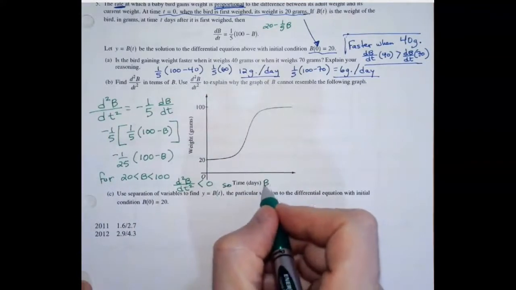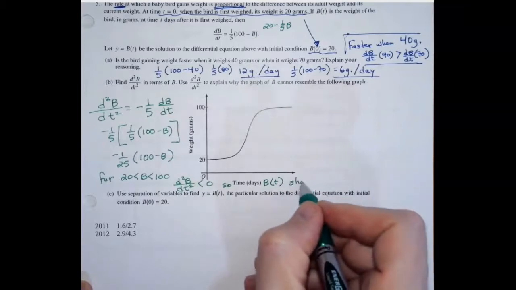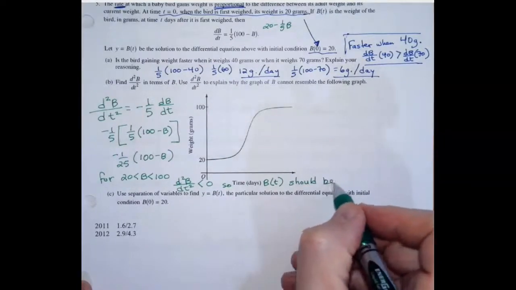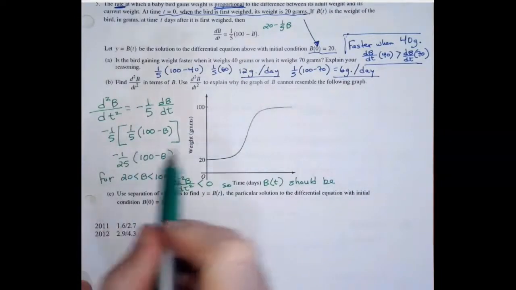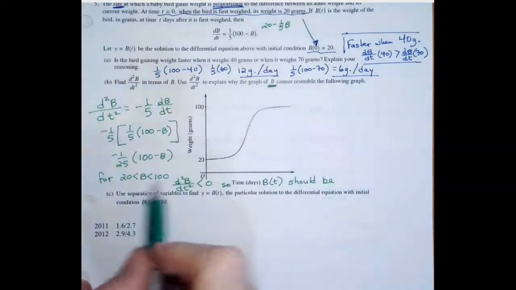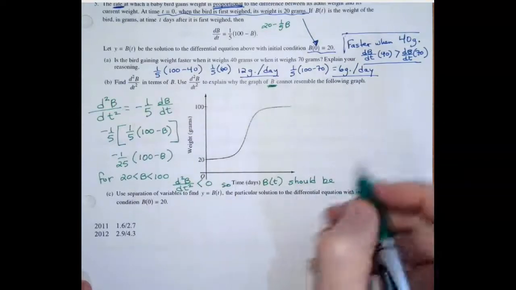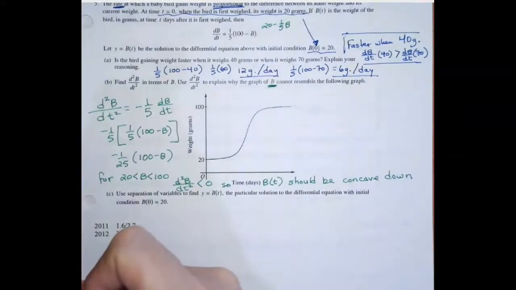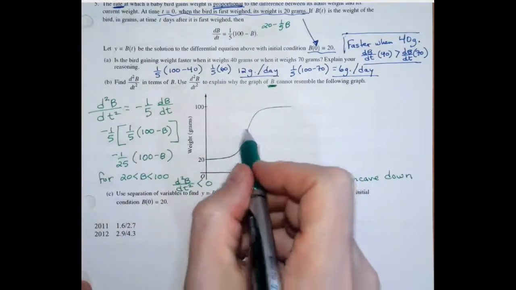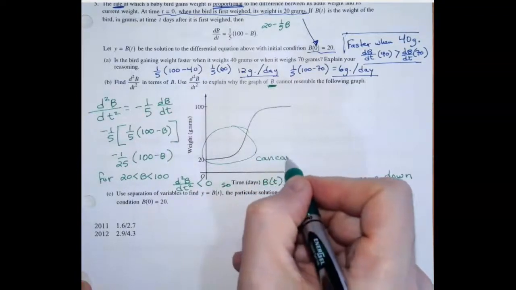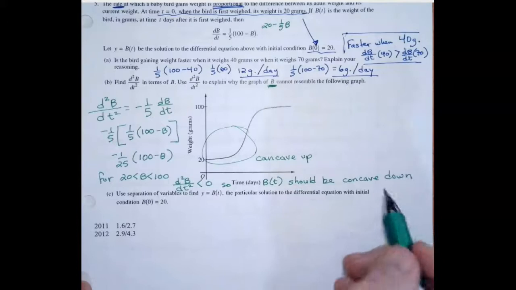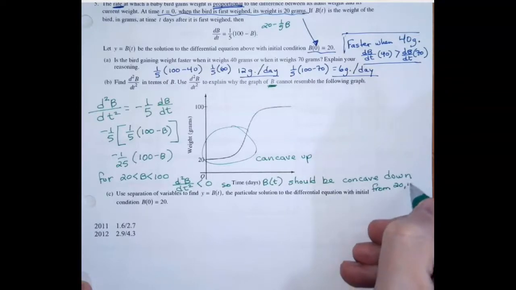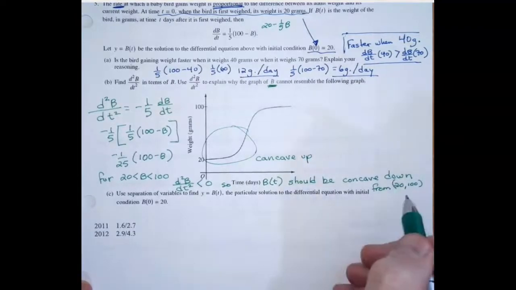So the function should be, now remember that's the second derivative, and we're talking about the graph of b, which is the original. So if the second derivative is negative, then that should be concave down the whole way. Okay, but right here, that's concave up. And it's supposed to be concave down.